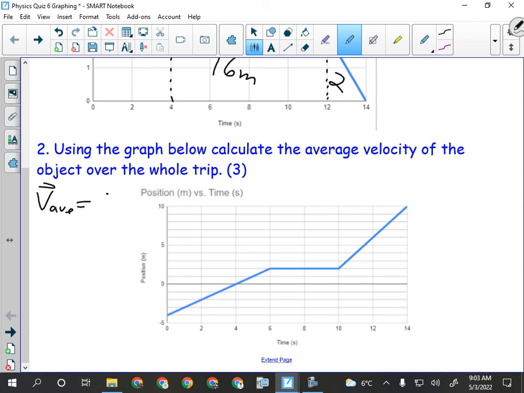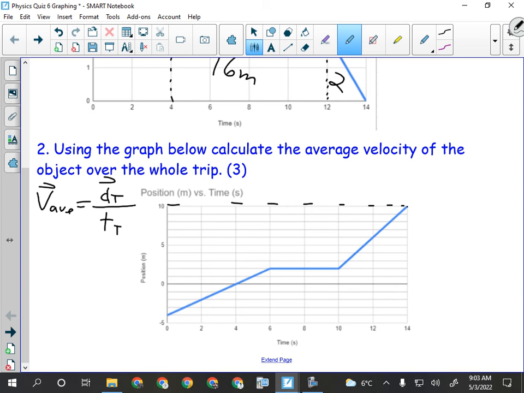The first thing I've got to understand is that average velocity is total displacement divided by total time. How do I calculate displacement from a position versus time graph? Final position minus initial position. My final position is 10.